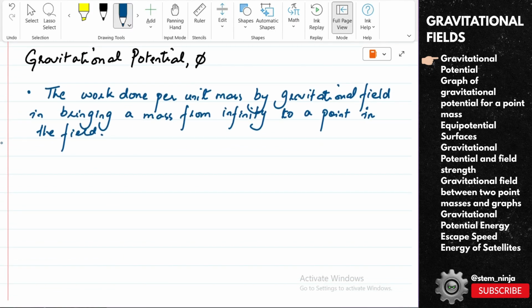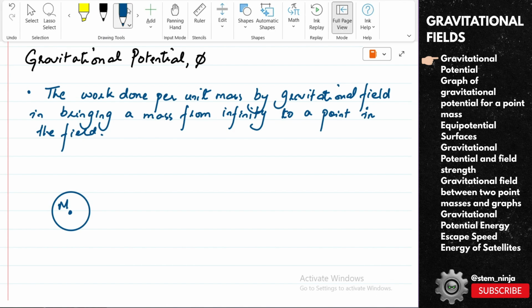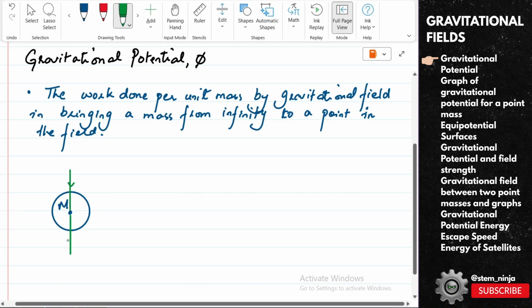Before I explain this, let me draw a little picture of how we want to visualize this. Let's say this is the point mass, the source of the field, and we already know that the field lines are radial.